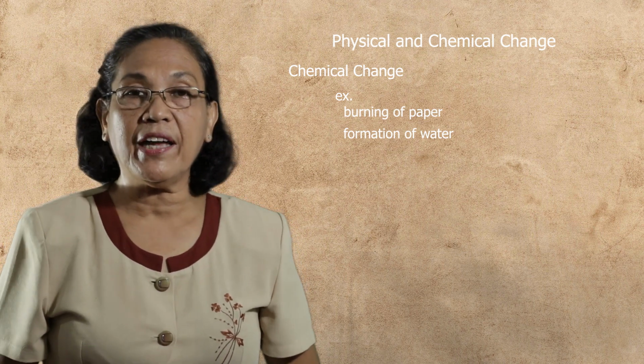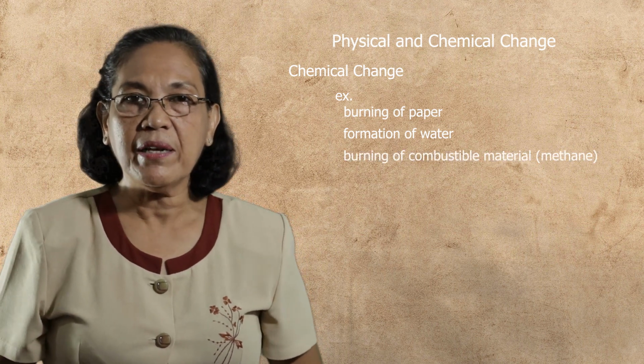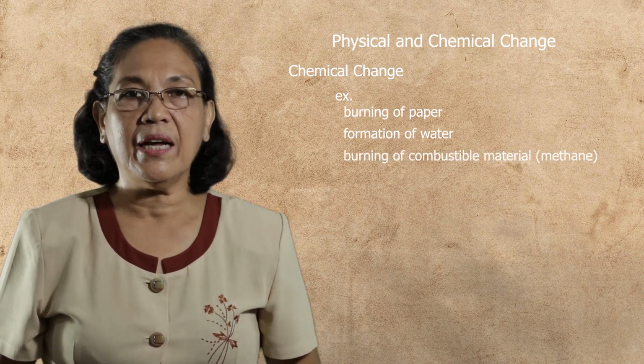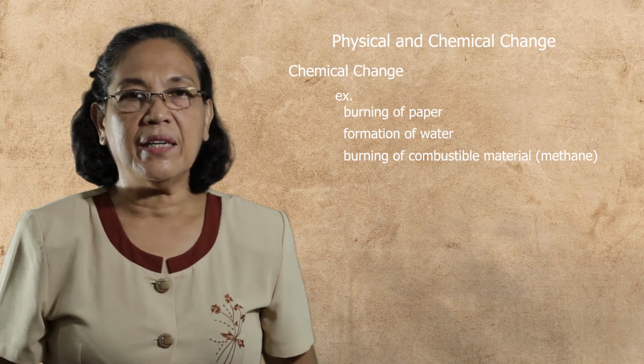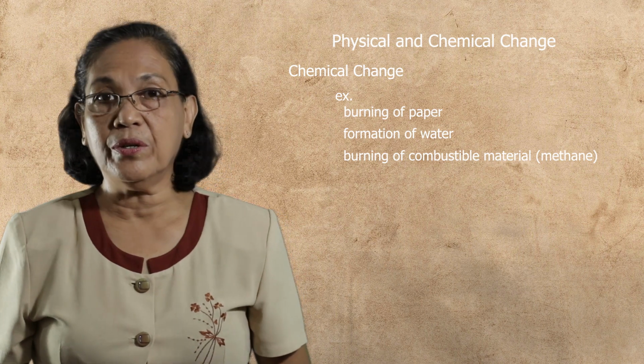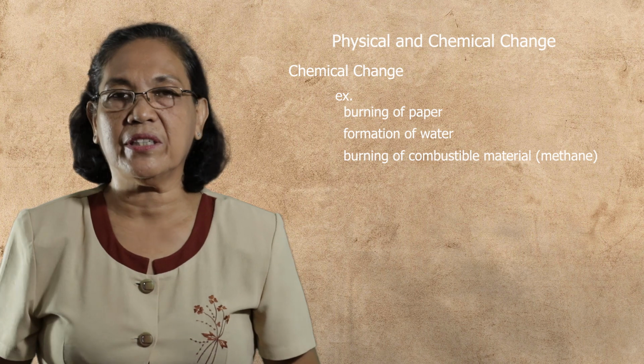Another example of a chemical change is when you are going to burn a combustible material such as methane. Now, methane has a component CH4, or 1 atom of carbon and 4 atoms of hydrogen.